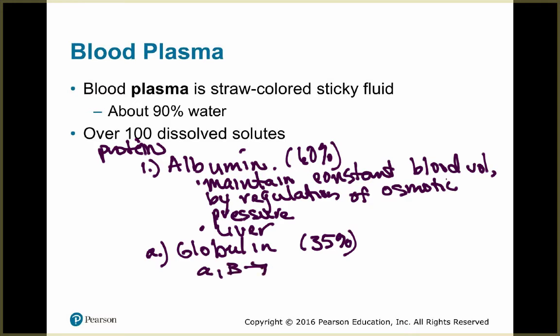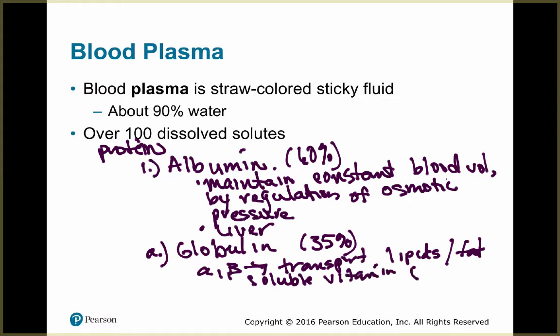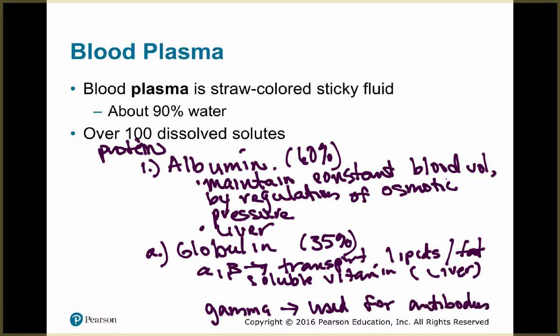Alpha and beta are important because they transport lipids and fat-soluble vitamins, and they're produced by the liver. And then the gamma globulins are used for antibodies, and they're produced by the lymphatic system.